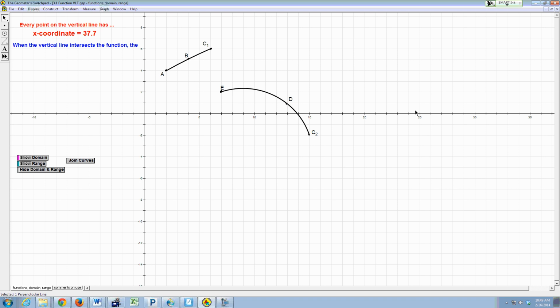So if I asked you what the domain is of this particular function, notice the domain has to be talked about in two separate pieces, because you've got the function that goes from point A to point C, and then you've got the curve here from E to C2. So when we talk about the domain here, we have to have two sets, and we have to put a union in between them, because it's going to be the union of those two sets.